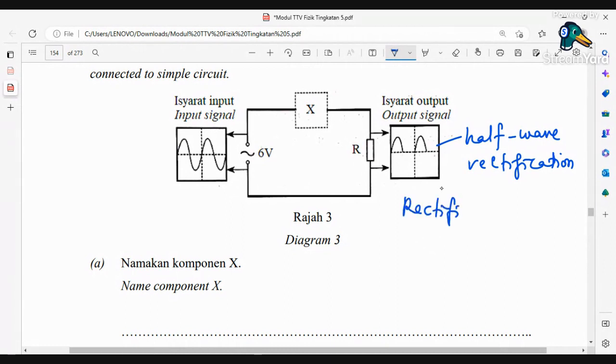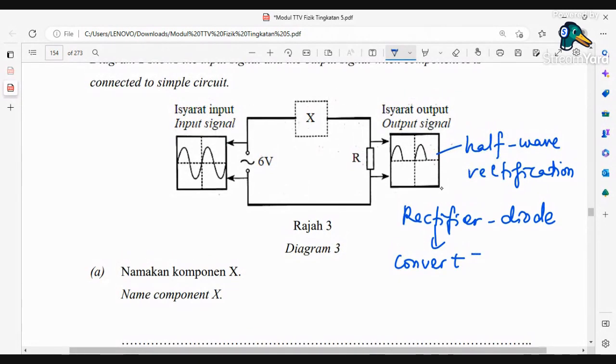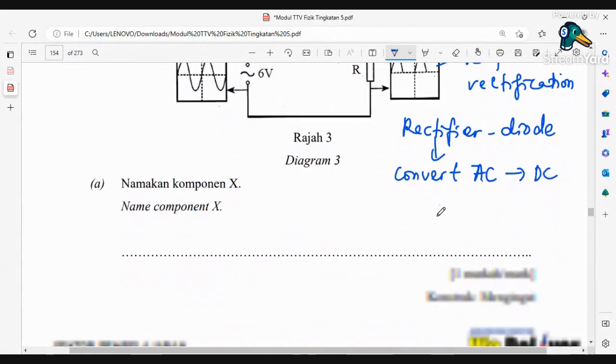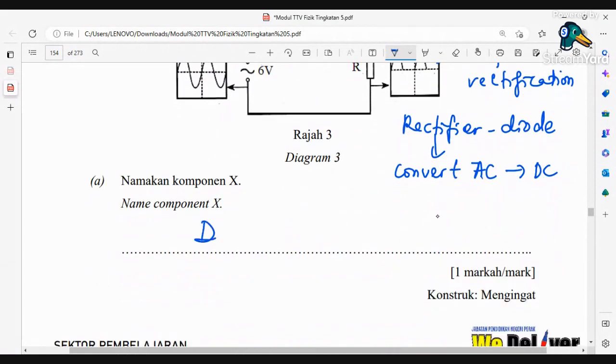Rectifier is a diode. Convert AC to DC. Alternating current becomes direct current. This is alternating, this is direct because the current flows in one direction. The name of the component is diode.